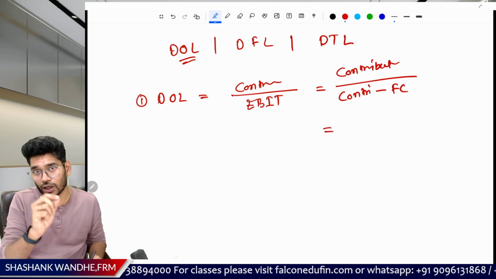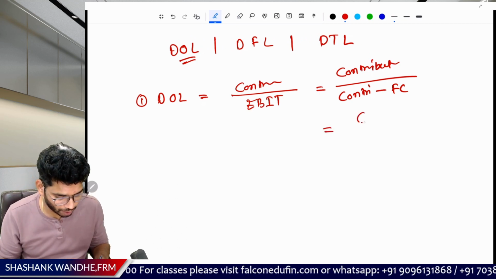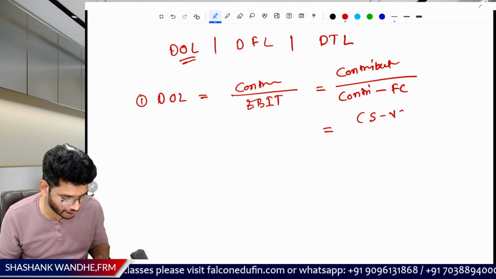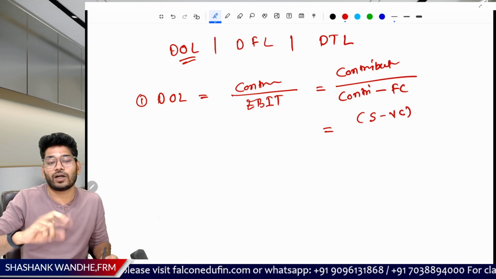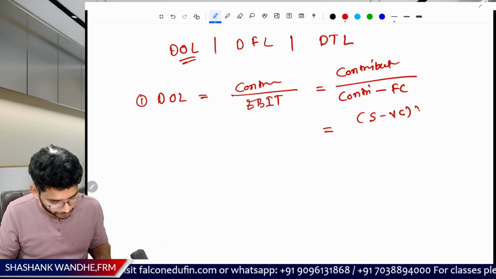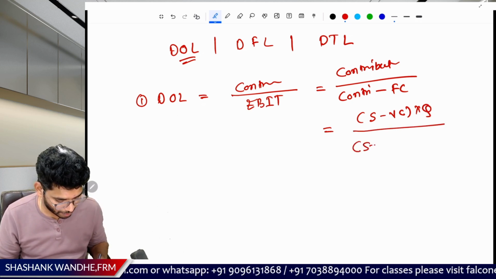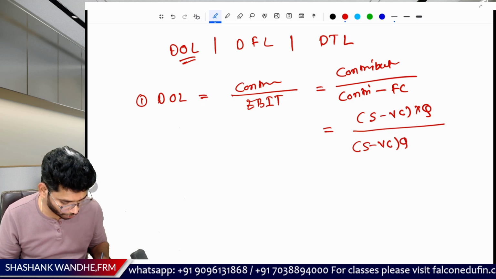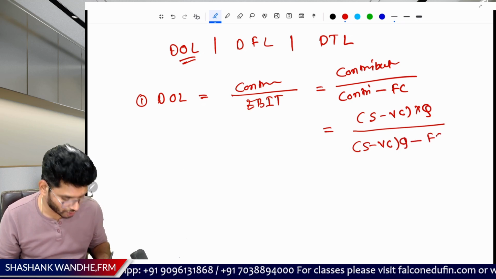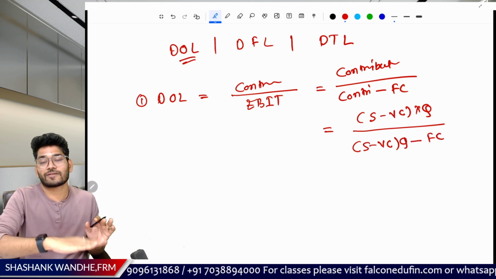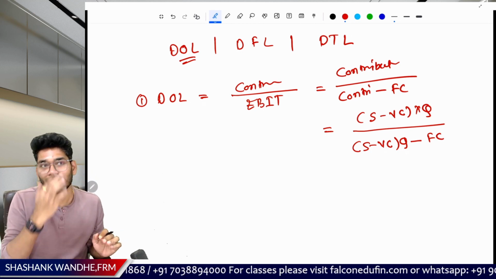Now, how to calculate total contribution? We already understand the formula of contribution is sale minus variable cost multiplied by total number of units sold. Quantity, so S minus VC into Q, divided by S minus VC into Q minus fixed cost. And that's how this formula shows up.